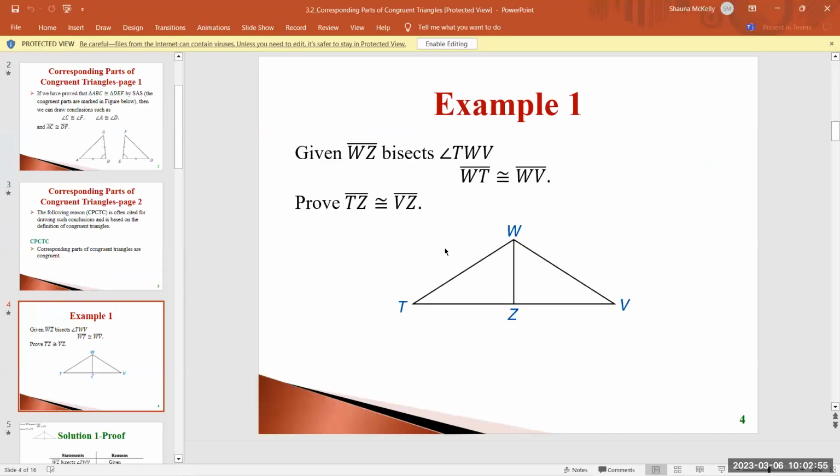Given that WZ bisects angle TWV, and that WT is congruent to WV, prove that TZ is congruent to VZ. So what are we saying here?